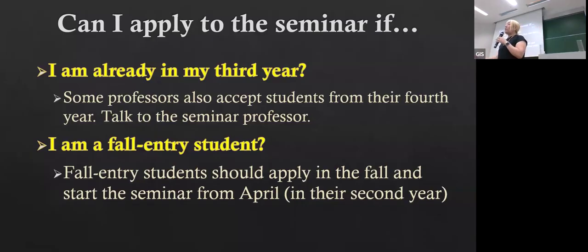We're going to start the seminar at the same time, April of next year, and then you'll be finished in your first semester of your third year. So you'll be starting a little earlier than the other students who started in April. But you would still have to go through the seminar application together with the other students of this fall.